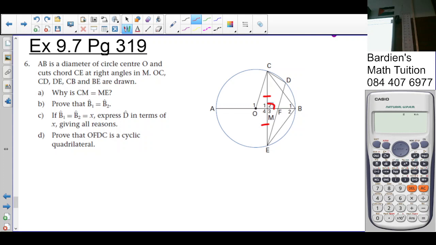Theorem 1, yes. Now you see. That's all I need to tell you. Then OC, right, all of those lines are drawn. Right, A. Why is CM equal to ME?